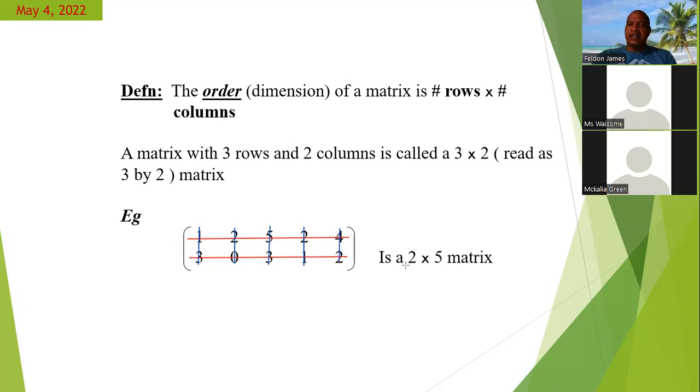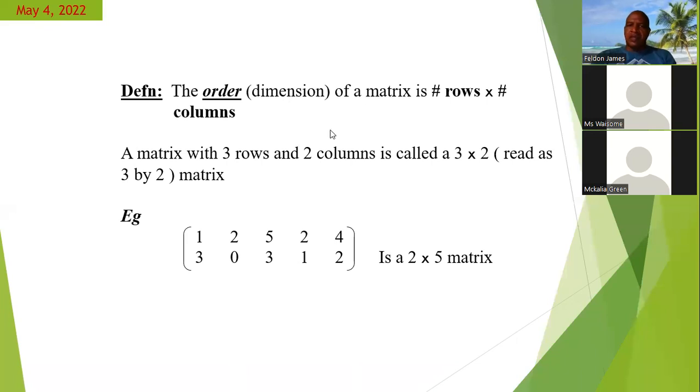So the order of this matrix is simply 2 by 5, meaning that it has 2 rows and 5 columns. All right. That should be pretty straightforward to everyone. Any question about that? Is it clear what the order of a matrix is? Now, sometimes you may refer to the order as dimension. So if we talk about the dimension of a matrix, we're really talking about the order of the matrix. So the order and dimension are really the same.